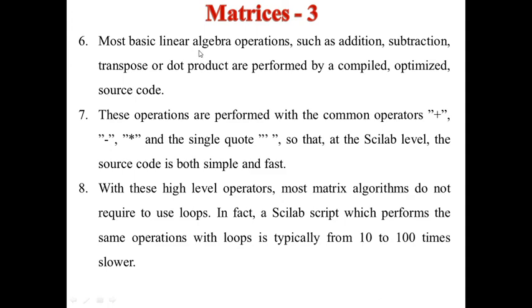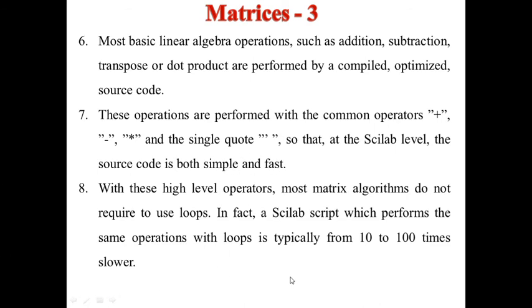Okay, so the basic linear algebra operations like addition, subtraction, multiplication, like a transpose or a product are performed by a compiled optimized source code. These operations are performed with the operators addition, subtraction, multiplication and with a single quote. Okay, this is a single quote, so that the Scilab source code is both simple and fast.